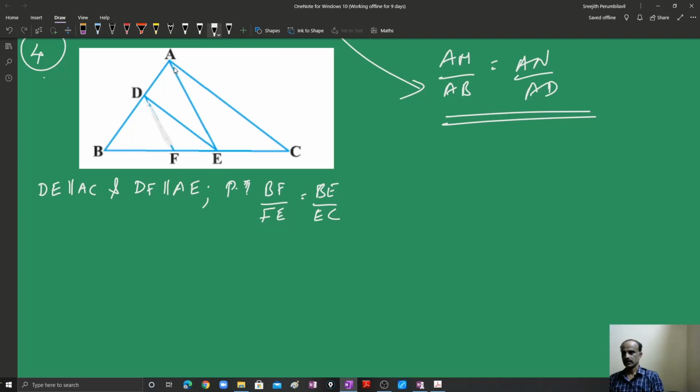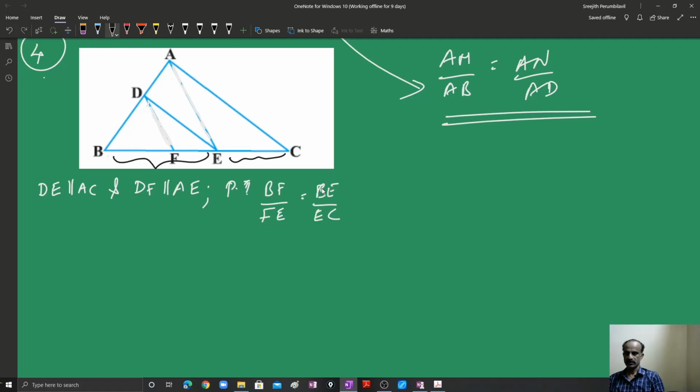DE is parallel to what? AC. DE is parallel to AC. We have to prove that BF by FE is same as BE by EC. BE by EC, can you just imagine BE by EC, right? And DE is parallel to AC.